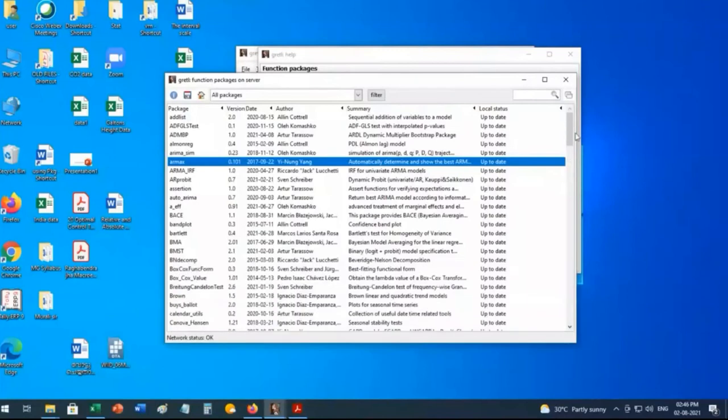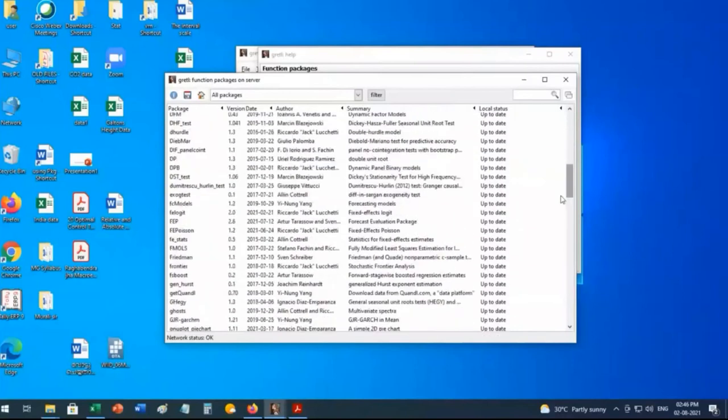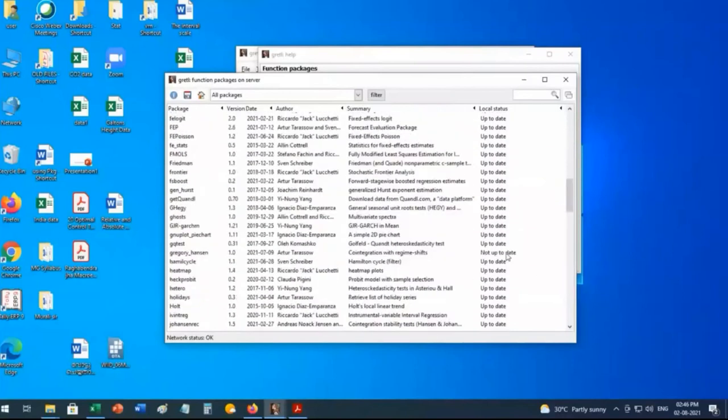I have already updated all the programs. That is why it is given as up to date. Otherwise, it will be given as not. For example, see this one. This is a new one, not up to date. That is co-integration with the breaking sheets. This is not up to date. So in order to install this one, we go to this install button, and click this one.